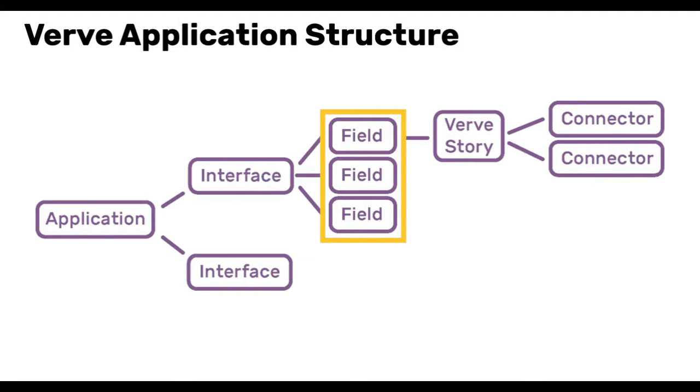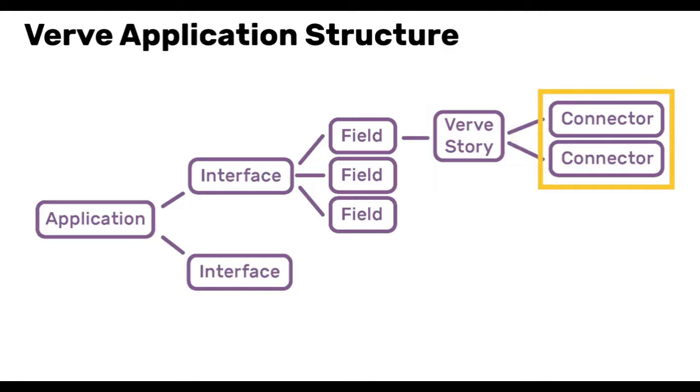It is customized to allow the extraction, validation, and transformation of one piece of data. Verve Stories are our no-code solution for data extraction, validation, and transformation. Verve Stories are covered more in depth in their own video series. Connectors allow Verve to communicate with external systems, databases, and web services.